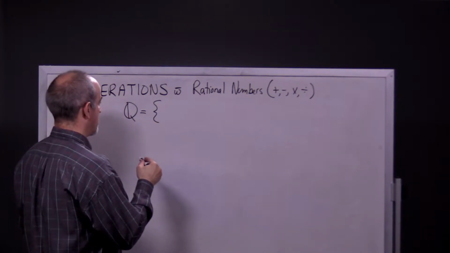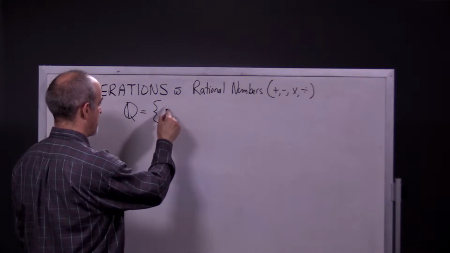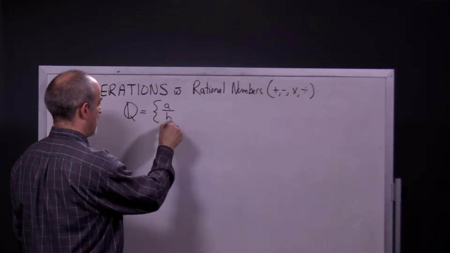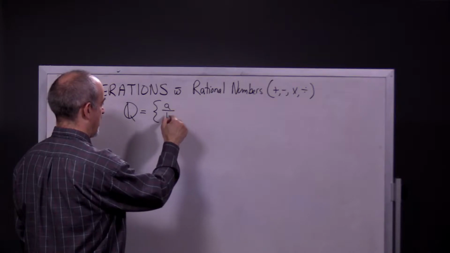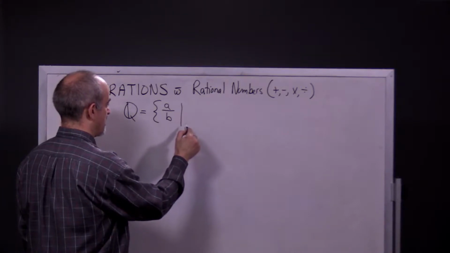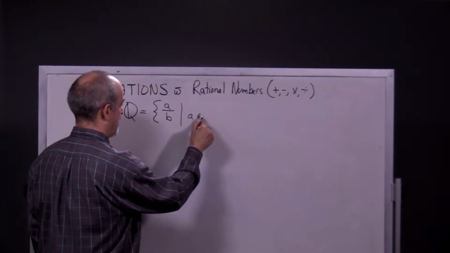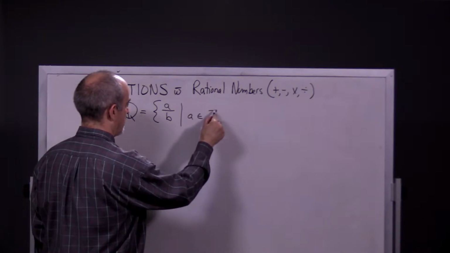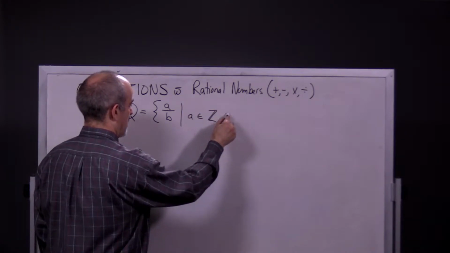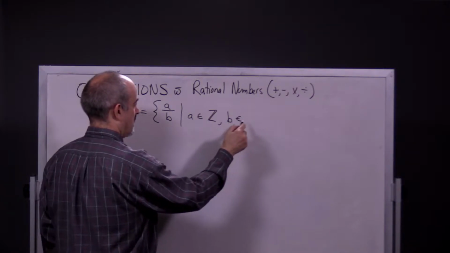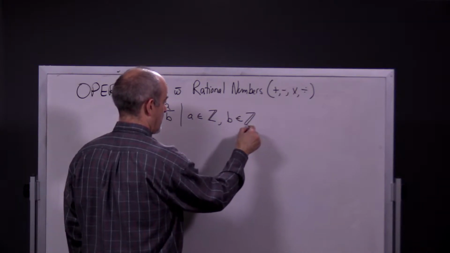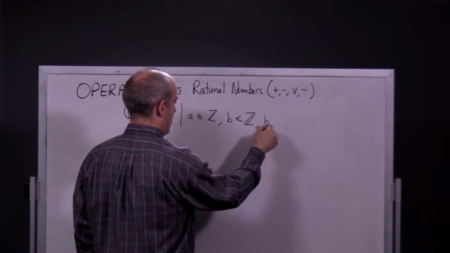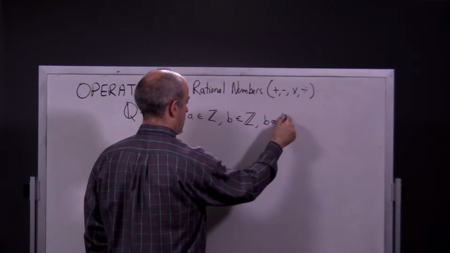Okay, what Q looks like is you have to use set builder notation. Q is all numbers that look like A over B, such that A is an element of the integers, and B is also an integer, but B cannot be 0.